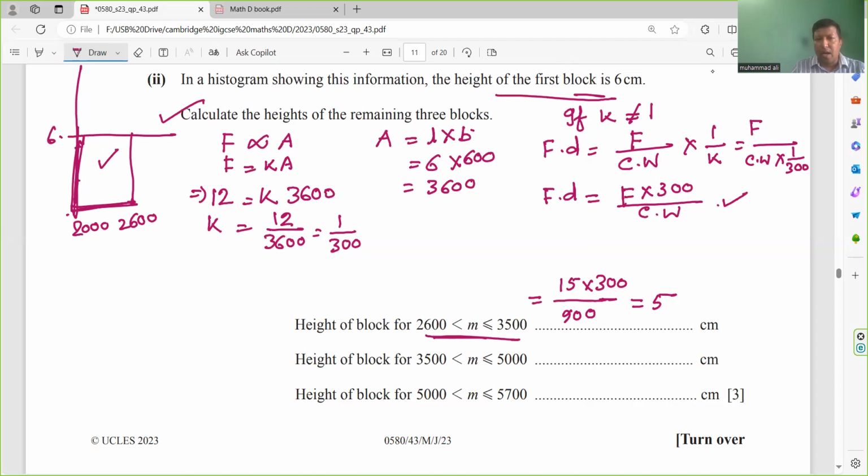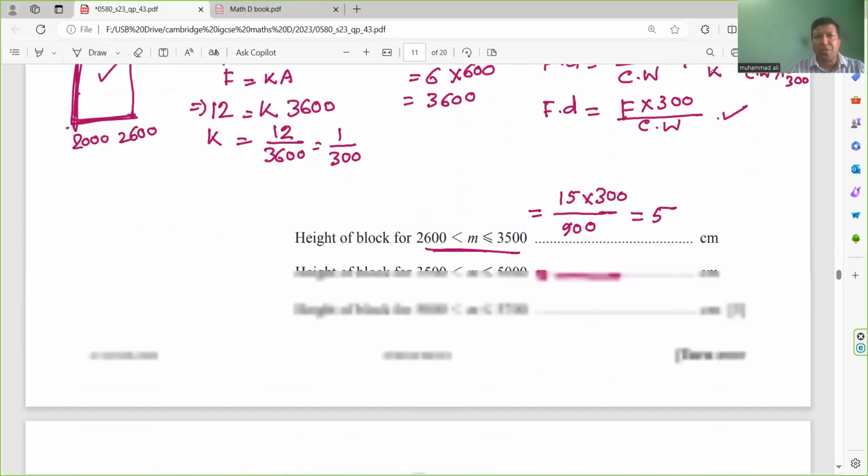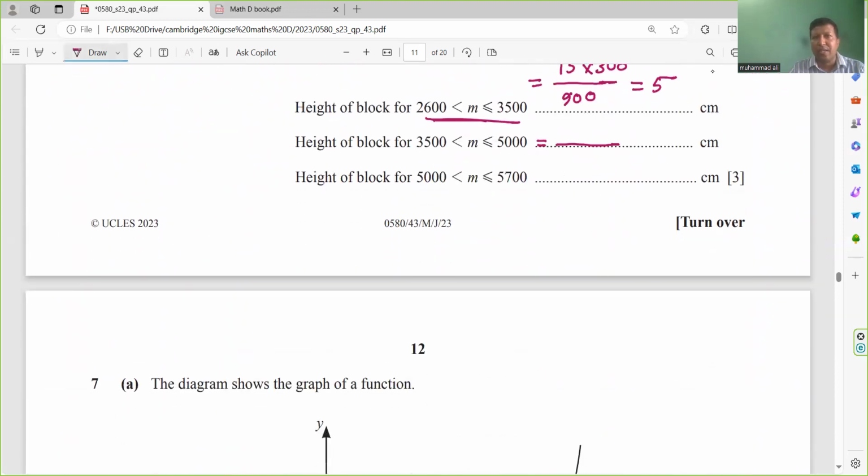Like this, the height of the block greater than 3500, less than or equal to 5000. Here the frequency is 16, multiplied by 300, divided by the class width, which is 1500, the subtraction of both limits. After calculation, we get 3.2 centimeter.